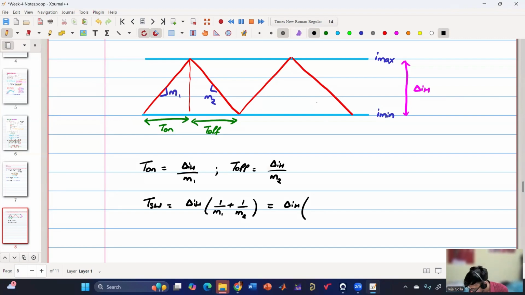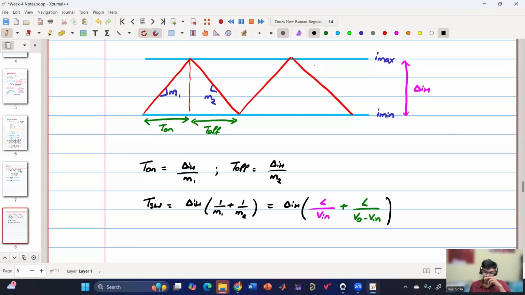M1 is V in by L. So M1 is basically V in by L, and the other one, the slope, is V out minus V in by L. Yes, V out minus V in by L, because it's a slope.